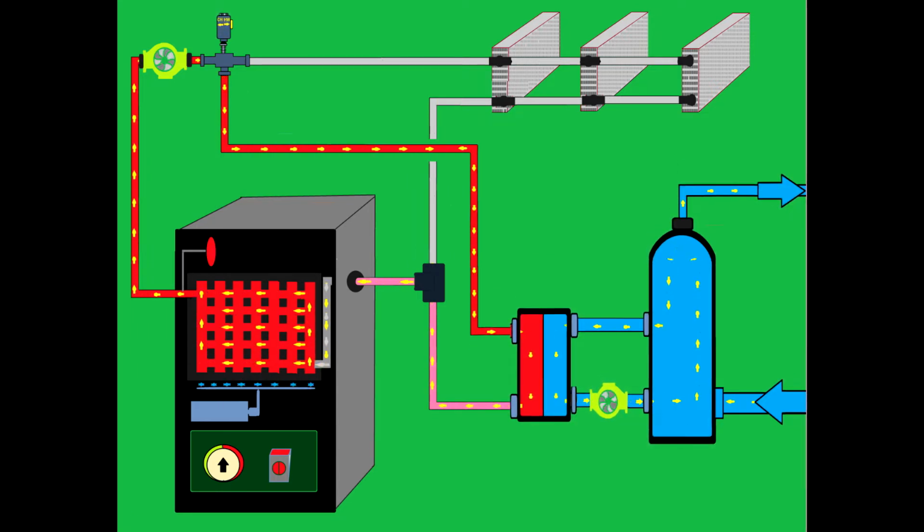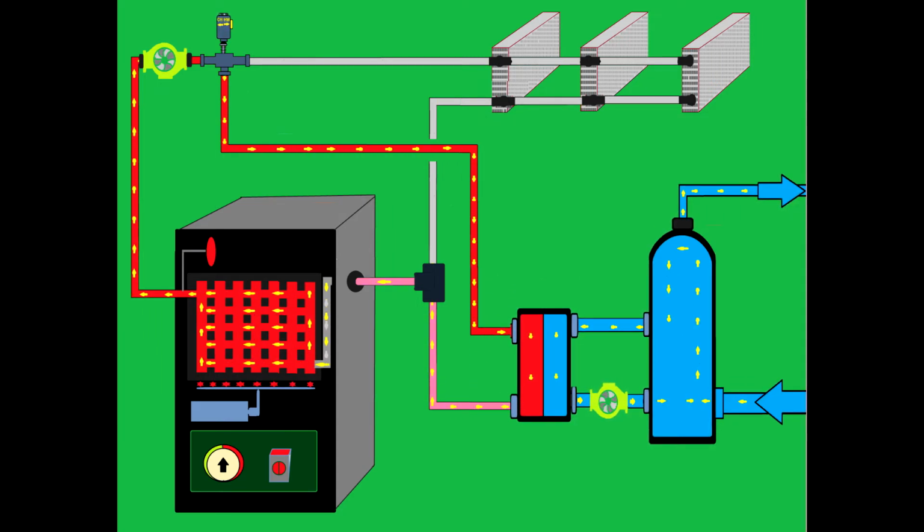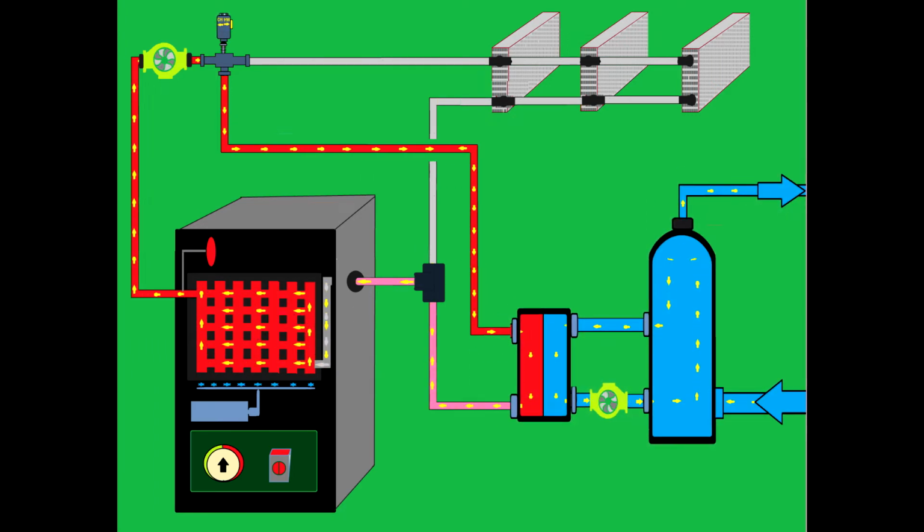On the left hand side you see it's colored red. The heating agent is circulating, and on the right hand side, which is still blue, is the hot water which will start to heat.